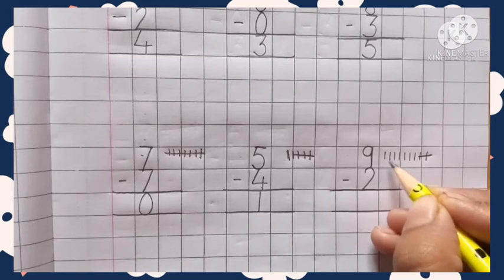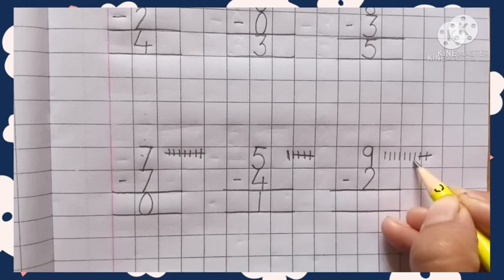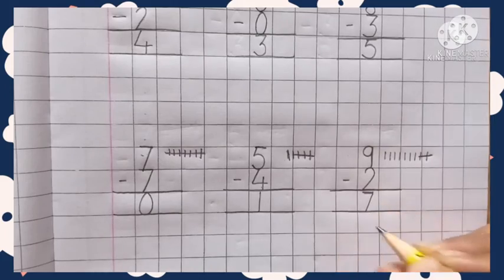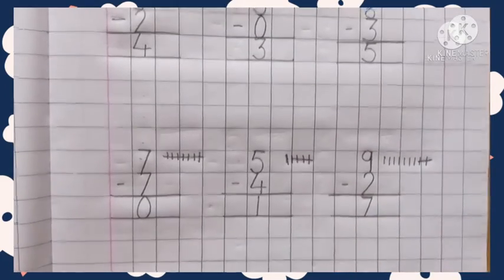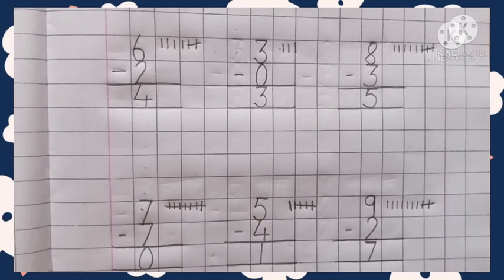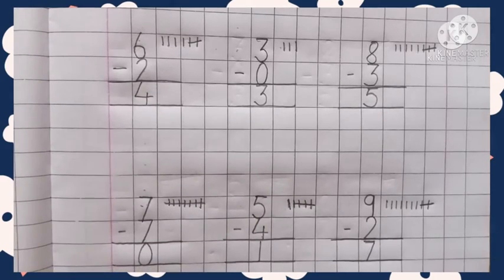Now count 1, 2, 3, 4, 5, 6 and 7. 7 is our answer. Like this you will complete your work in your maths copy in very good handwriting. Okay.